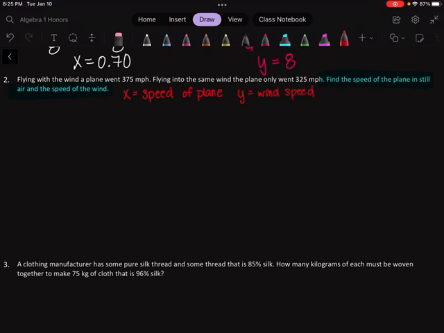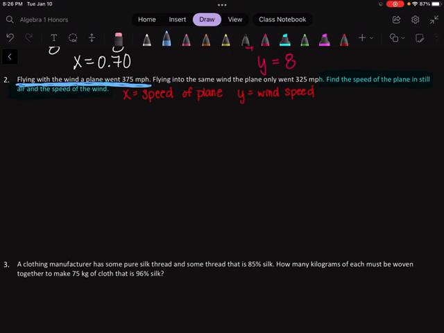All right? So the idea of this specifically is when we're flying with the wind. Think about that. If you have the wind pushing from behind you, your speed is obviously faster. So it's pushing with you. So the plane speed is with the wind speed.